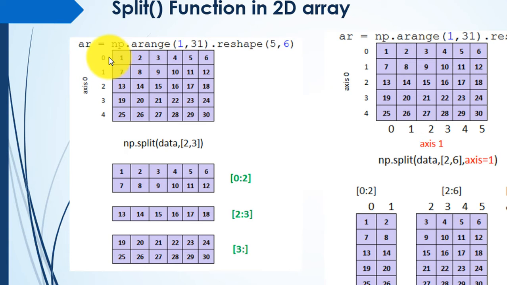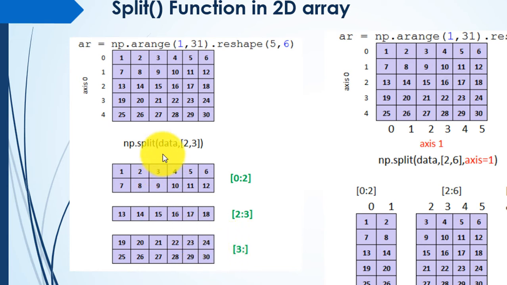So we are getting the first and second row, and then splitting will be done including 2 to 3 minus 1, that is 2. So only one row will be given by the split, and then the rest of the array will be our third sub array.